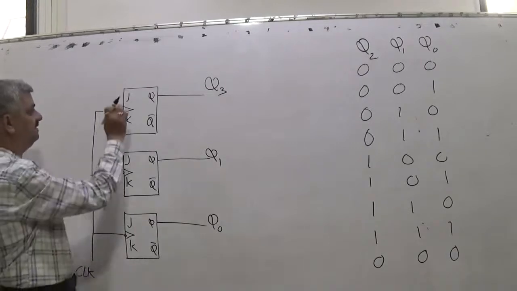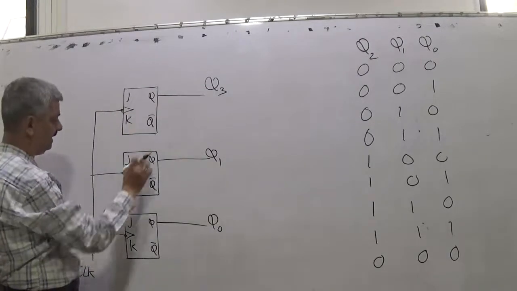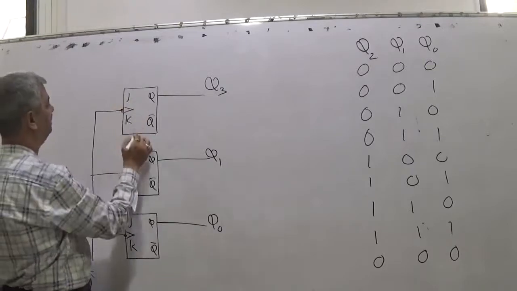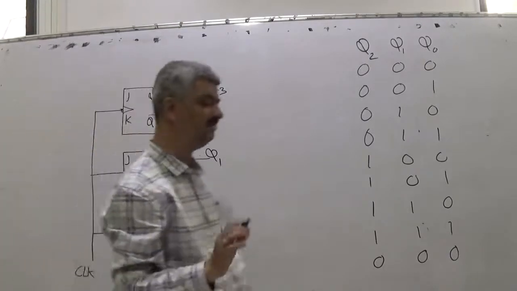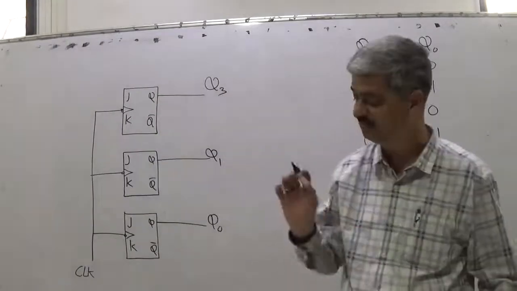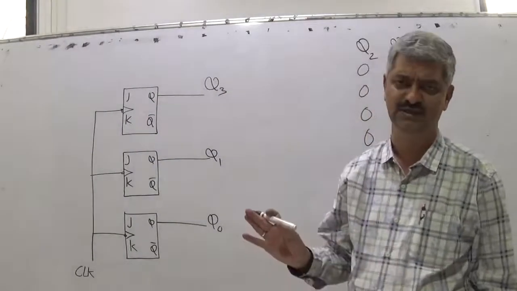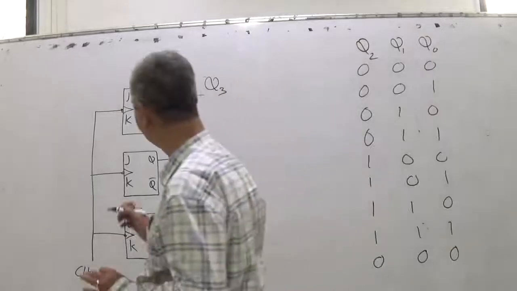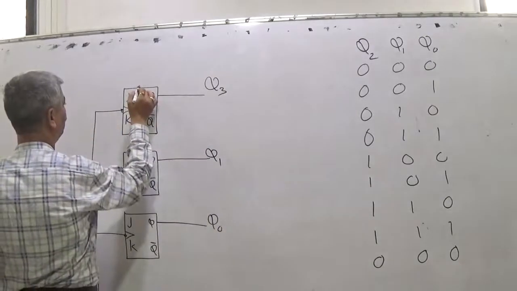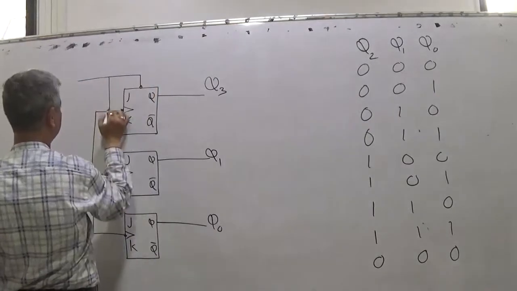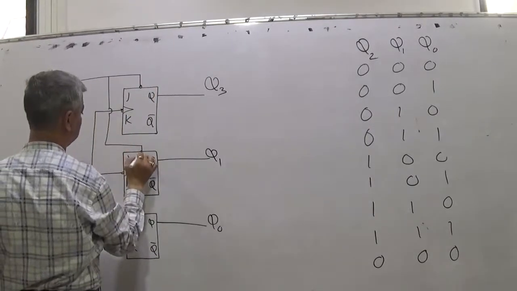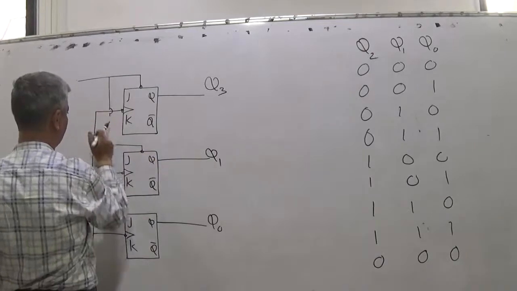Each flip-flop has J, K and Q bar, and there is also a master reset. MR bar is there for each flip-flop, but right now we are not using it. When we are not using it, we ground it. What does master reset do?